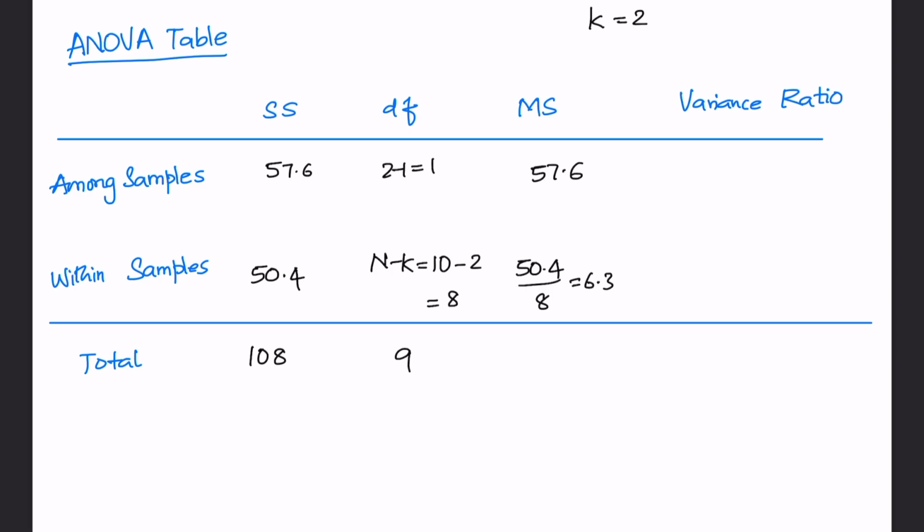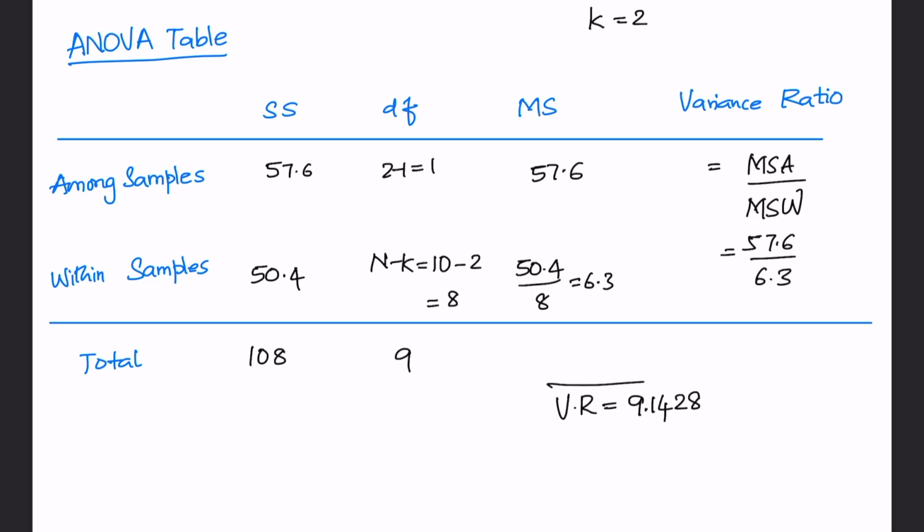Now the variance ratio is MSA over MSW, which is 57.6 divided by 6.3. We can calculate this to be 9.1428. So this is the variance ratio for this particular sample.